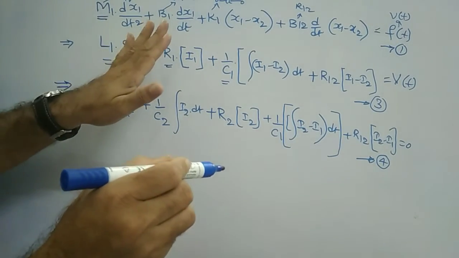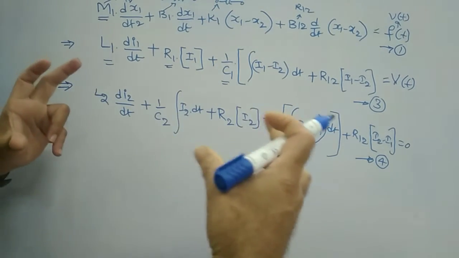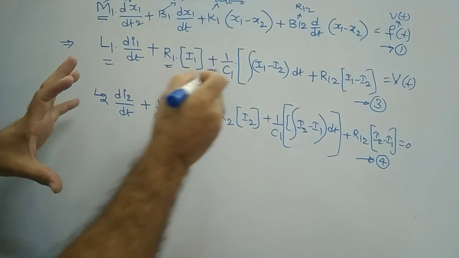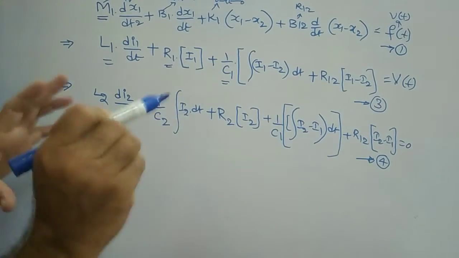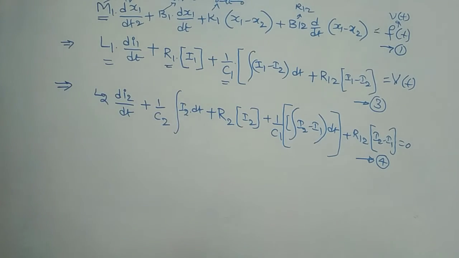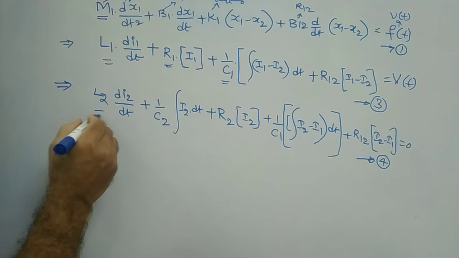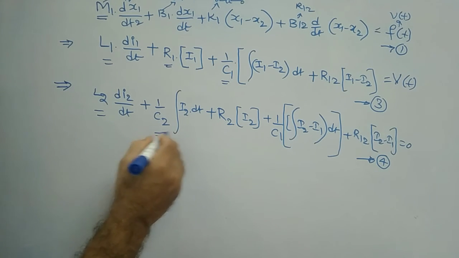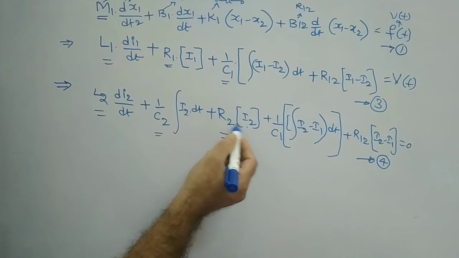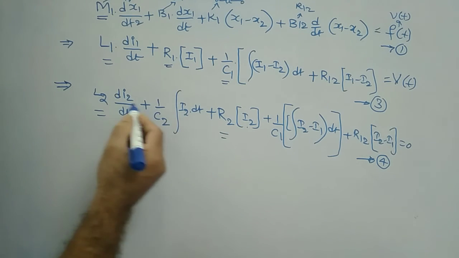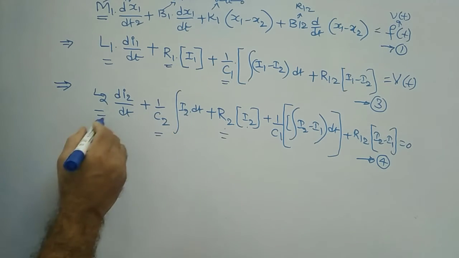So definitely in the electrical circuit there should be two loops. In these two loops, this capacitance and resistance are the common elements between them. You have to analyze like that. Similarly, if you come to the second equation, L2 is there, capacitance is there, R2 is there. It is simple, only I2 is flowing here, so it is an RLC circuit.